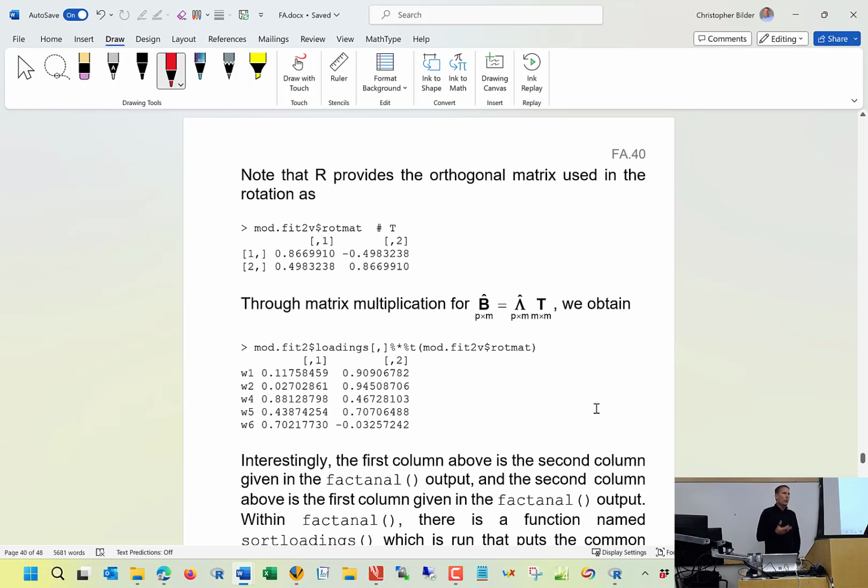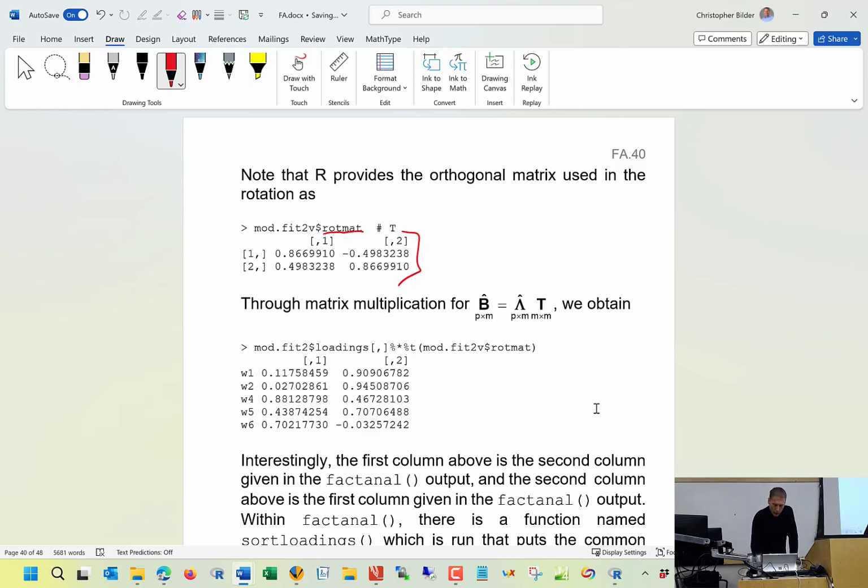Now, you might be wondering, what was the T matrix that did this rotation for us? Well, you can actually extract it from the results of estimating this model. There's a rotation matrix component. This is my T matrix.